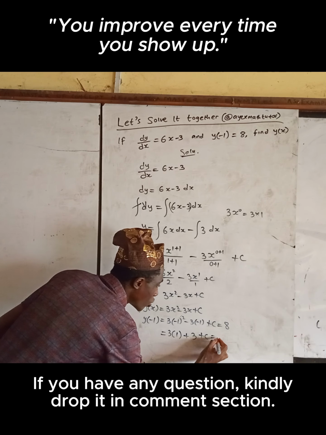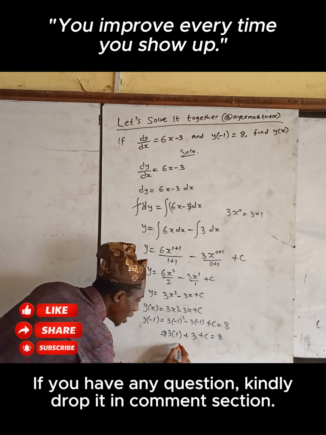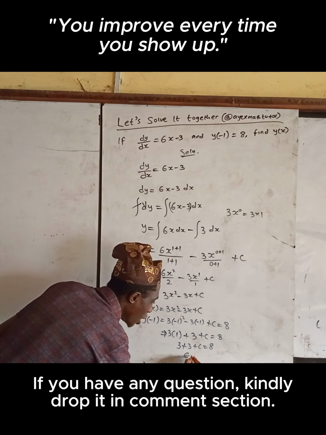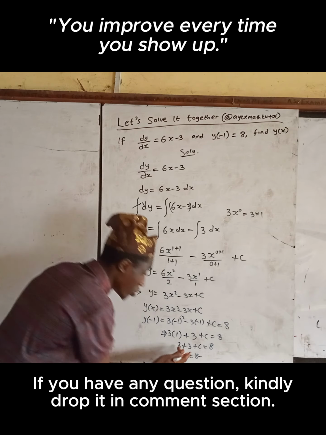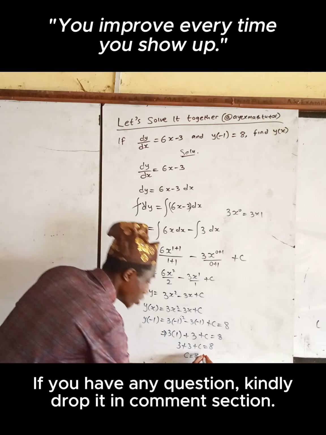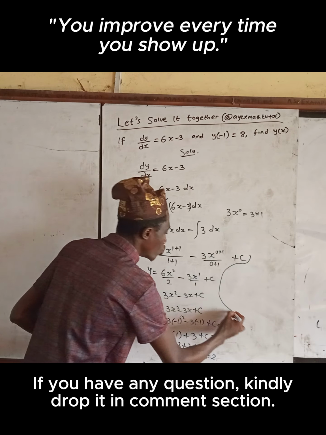Then plus c equals 8. So 3 plus 3 is 6, plus c equals 8. If you take it to the other side, it's minus 6. That gives us c equals 2. Since the value for our c is 2, we are good to go.